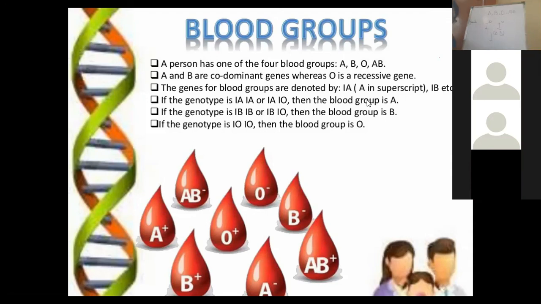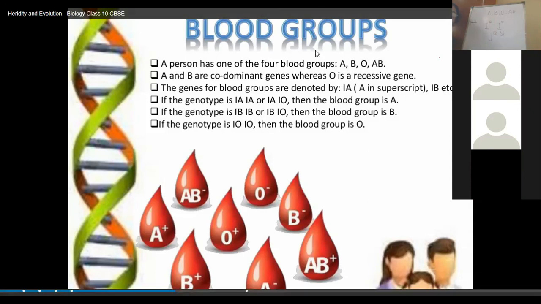Why? Because O is a recessive gene which will determine the characteristic only in the presence of an identical gene. For that, the contribution from the male should be O and the contribution from the female should also be O. Only then will the resultant zygote have the blood group O.